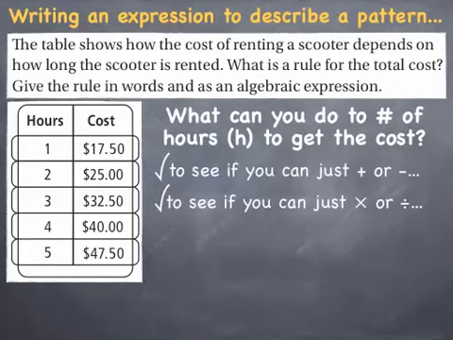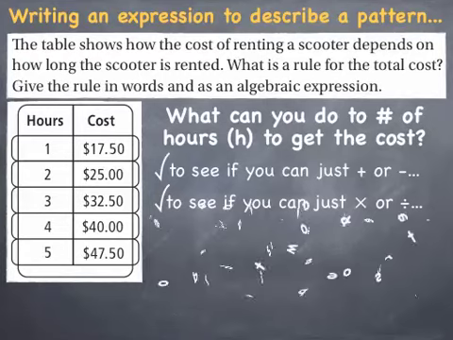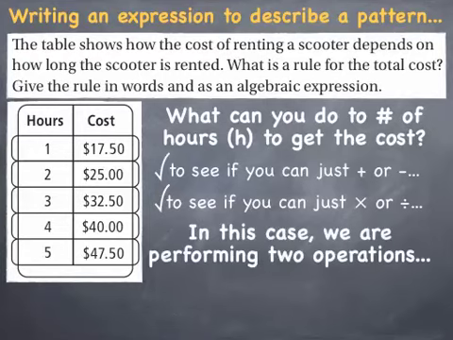When we've checked to see if we can just add or subtract or just multiply or divide, and in this case neither one of those has worked, so we know that we're going to have more than one operation. So in this case, we're going to be performing 2 operations, which means we're going to be multiplying or dividing and adding or subtracting to h, the number of hours.